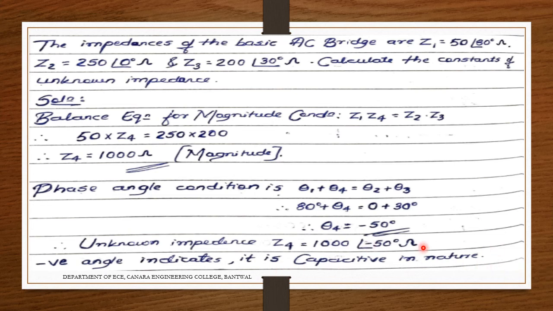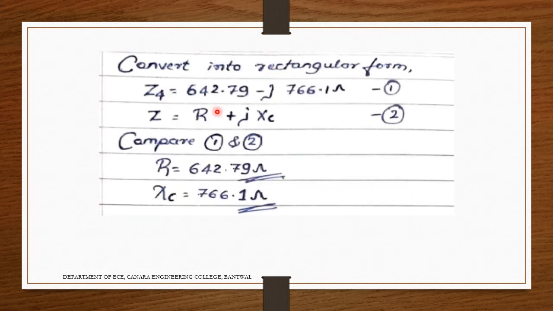So Z4 we got, but we need to convert it into the rectangular form. Now we require a calculator. Converting it into the rectangular form, Z4 is equal to 642.79 minus j 766.1 ohm. Compare with the standard one, that is Z is equal to R plus jXC.